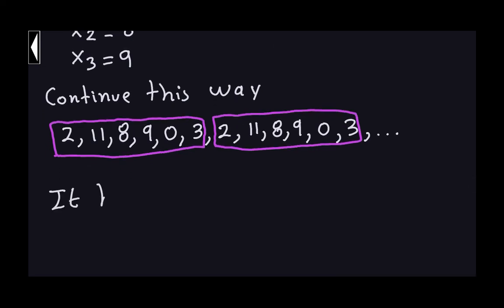Basically, you're going to have pseudo-random numbers, but after some period you're going to repeat again and again forever. That's not very good if you are trying to generate pseudo-random numbers.